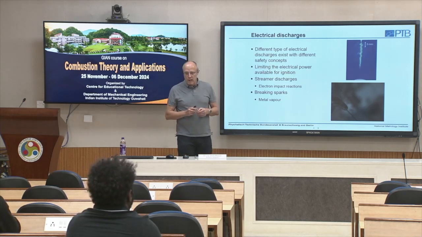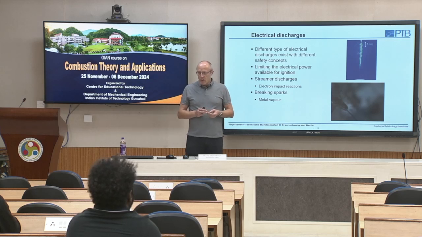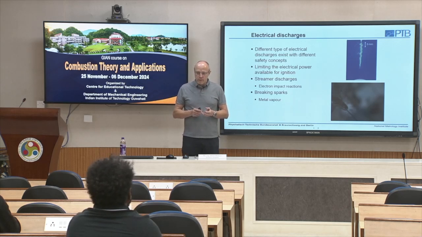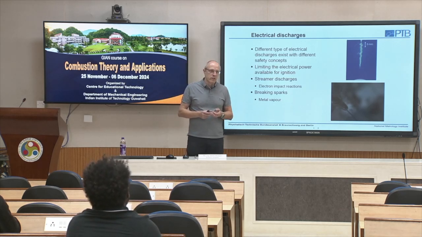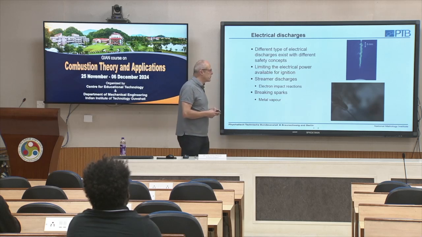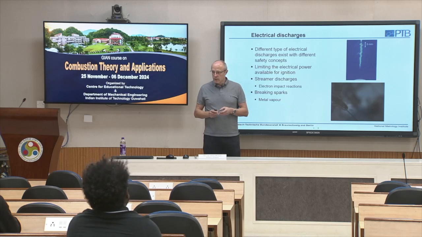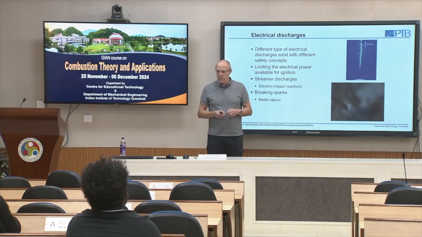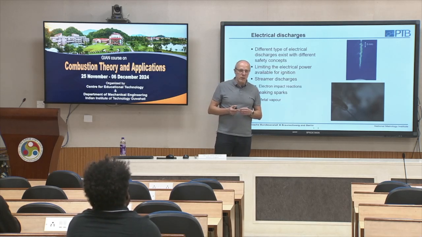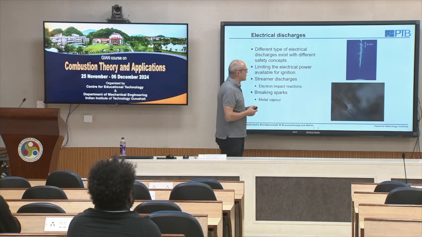We have several types of protections based on fundamental research. But of course, if you would consider details with all the different types of electrical discharges we have, there is some ongoing research here too.